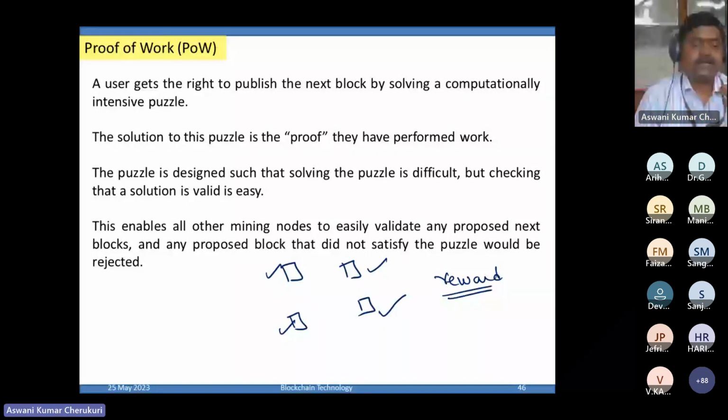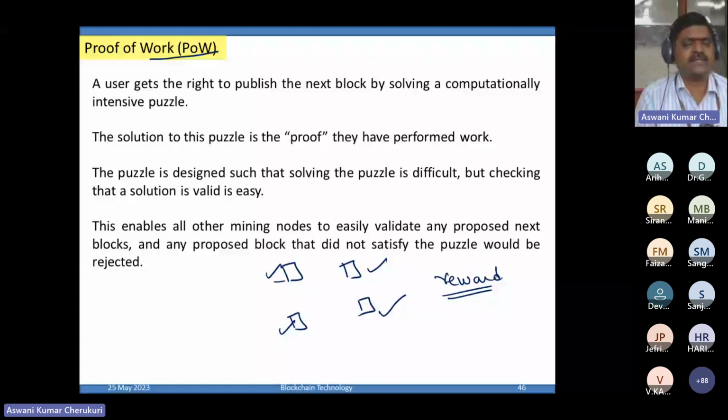The point is that on what basis they create a block is through a consensus algorithm called proof of work. That means they should say, hey, look, I did some work. Every node will do some work, and the node that wins that race is allowed to create that particular block.